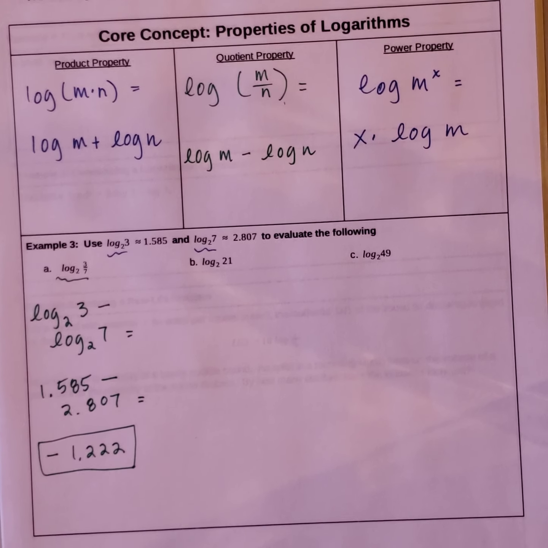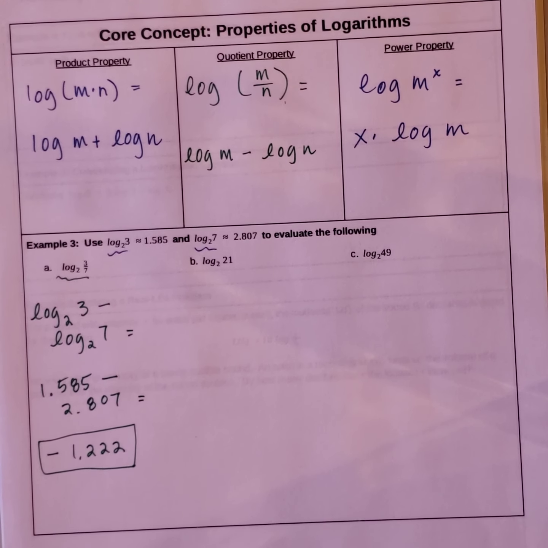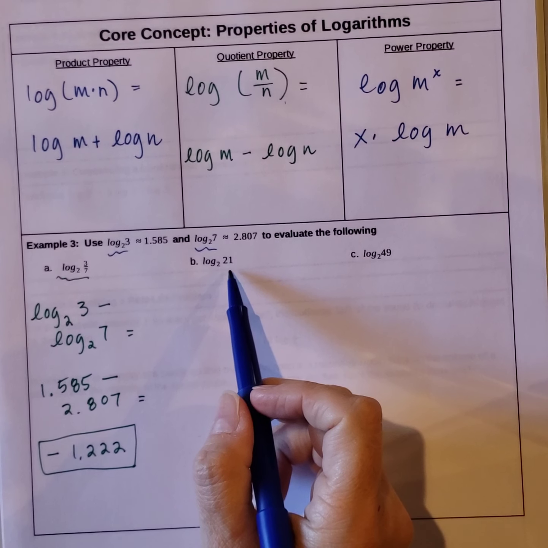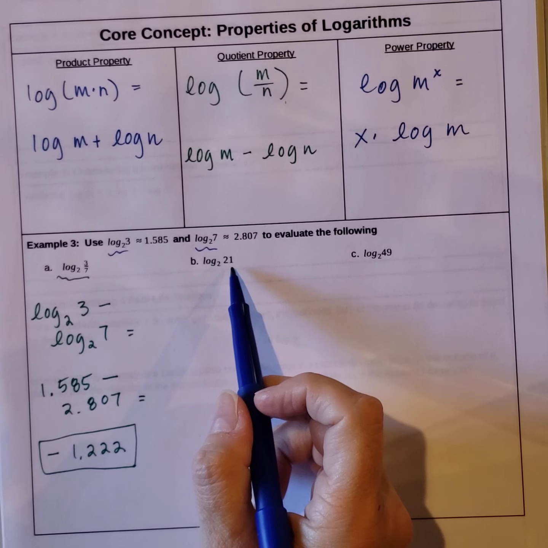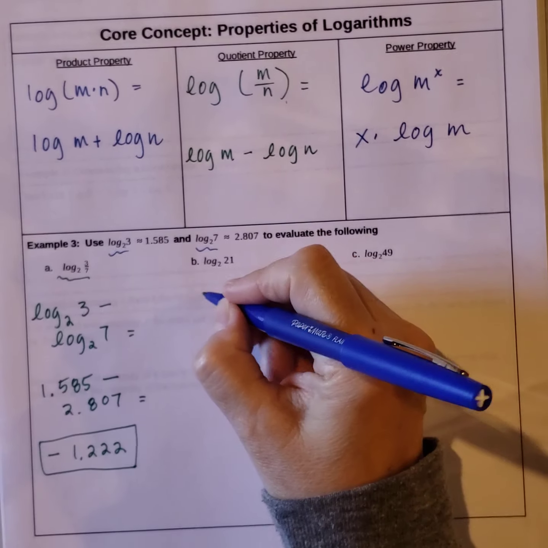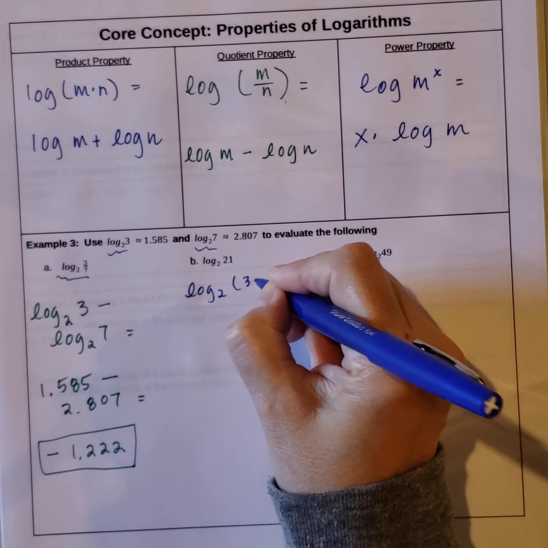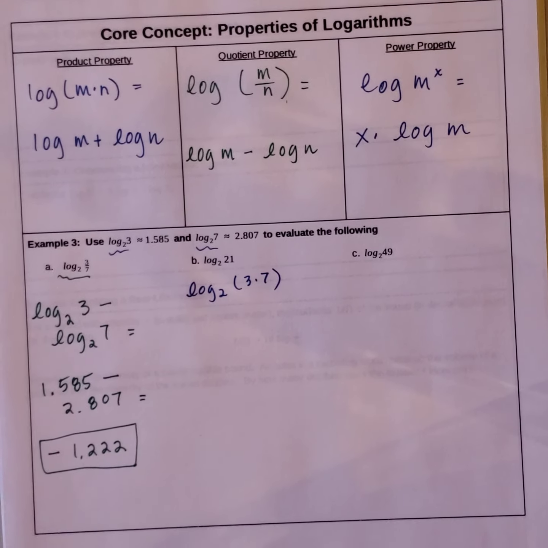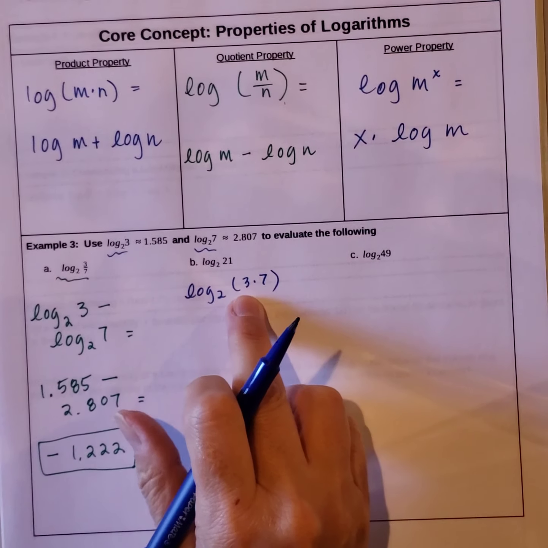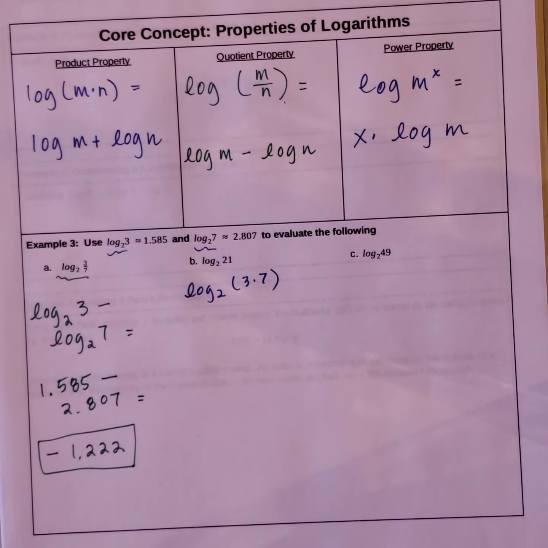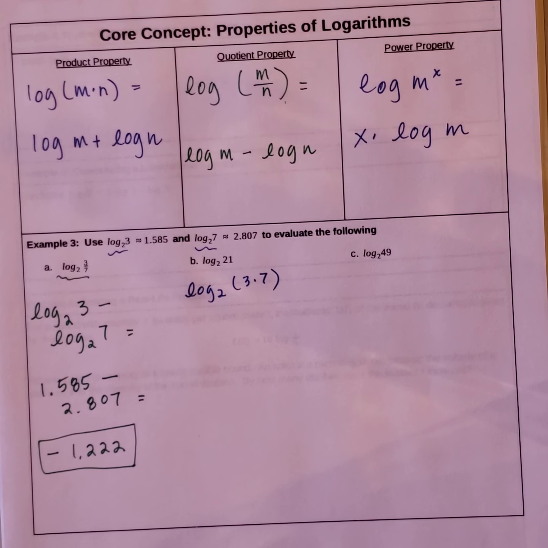Log base 2 of 21. This one isn't as obvious as the last one. 21 we know is 3 times 7, so log base 2 of 3 times 7. Now I can break up the 21 into 3 times 7, and it looks like the first property, the product property.